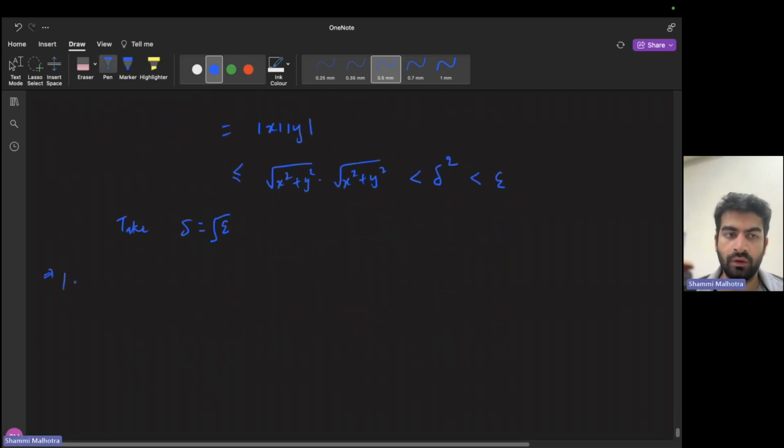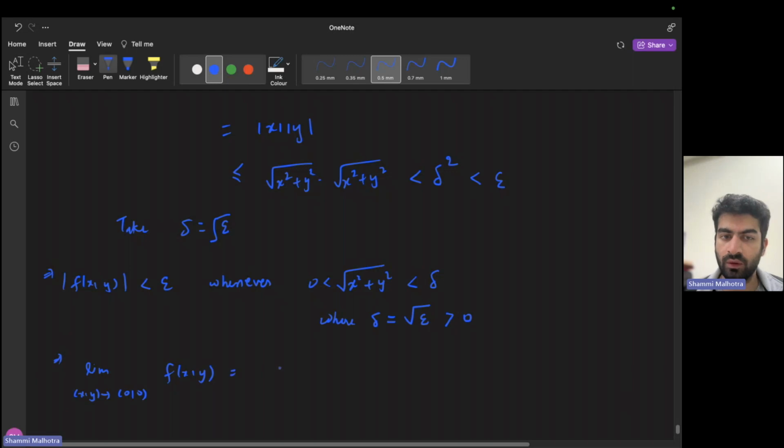This basically will imply that mod of f(x,y) is less than epsilon whenever square root of x square plus y square is less than delta, where I'm taking my delta to be square root of epsilon, which is positive. So this implies that the limit as (x,y) tends toward (0,0) of f(x,y) exists, and this is equal to 0.